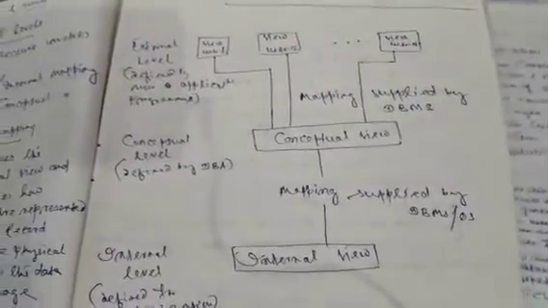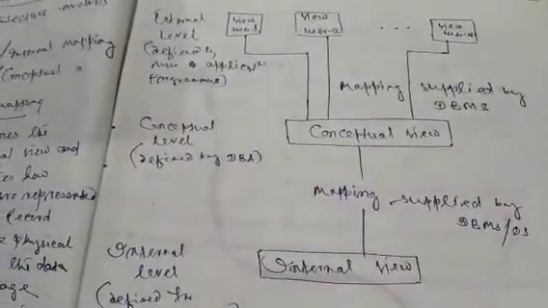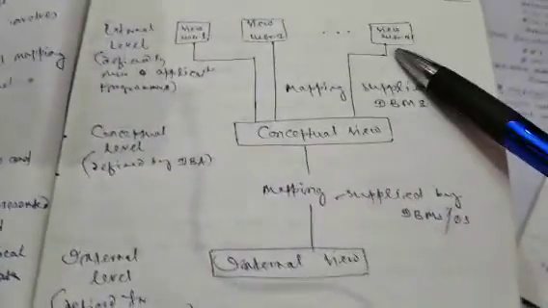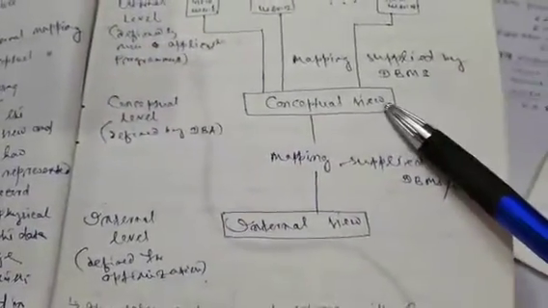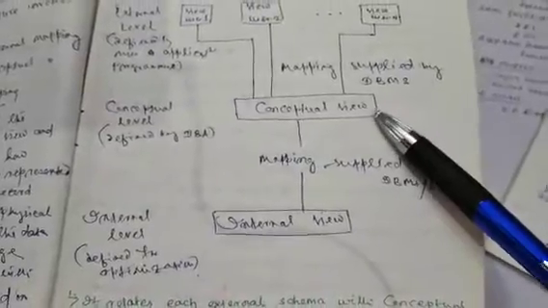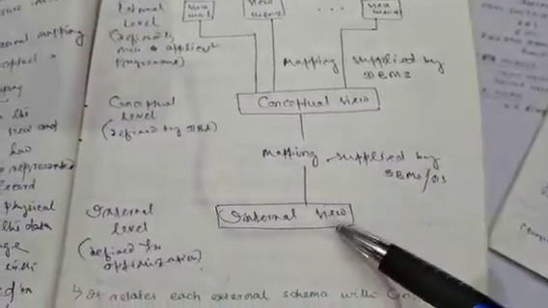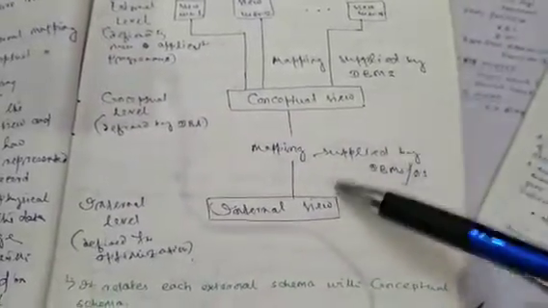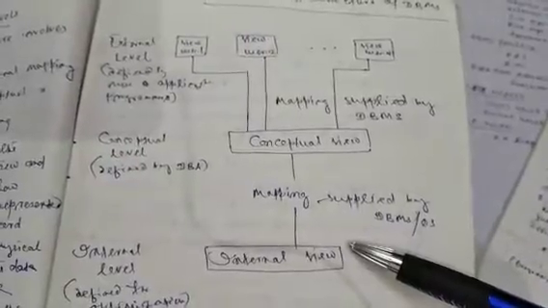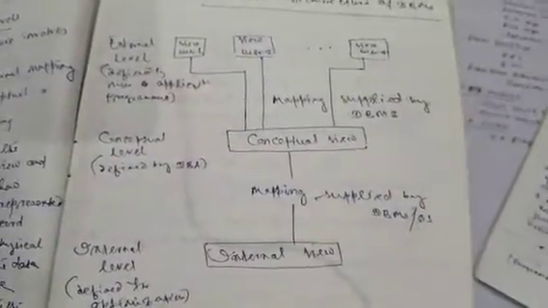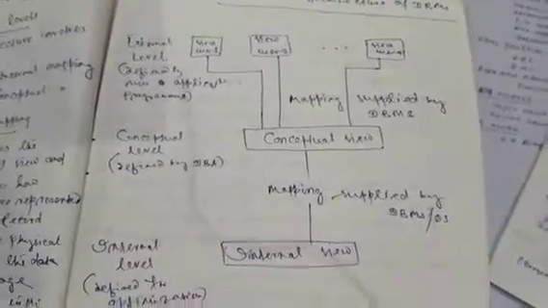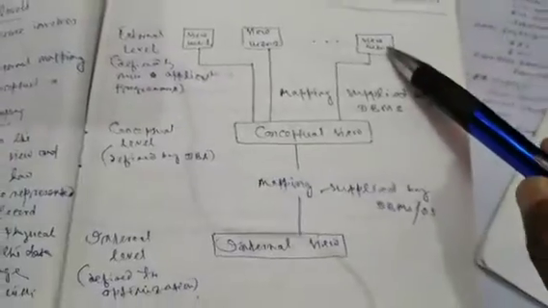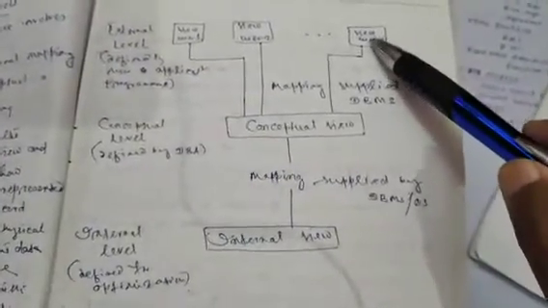The external level is described by its external schema. Similarly, the conceptual level is defined by its conceptual schema, and the internal level is described by its internal schema. So three schemas are working in three levels. In the external level, this is the user view, and this is defined by the application programmer.